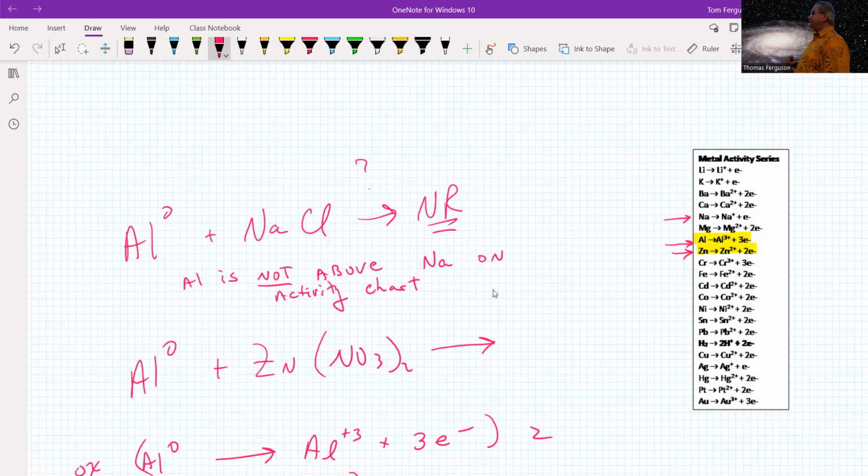What's going to happen now? Better get out the baler, because that water soaked in zinc nitrate is going to eat away at that aluminum. Aluminum is going to go to what?